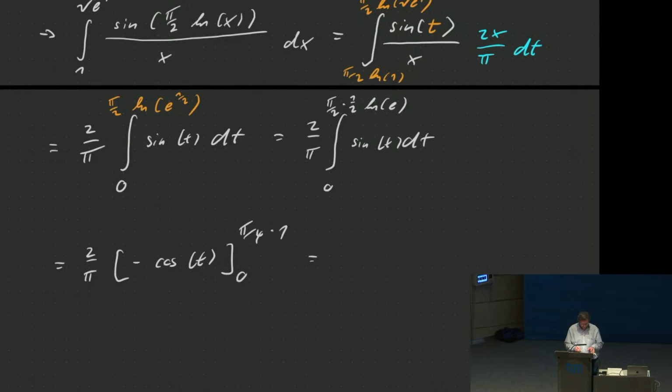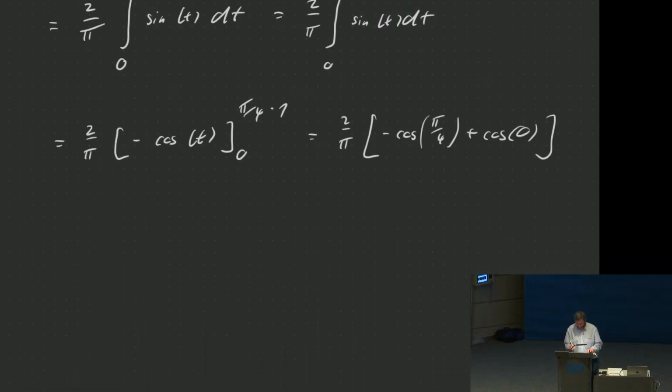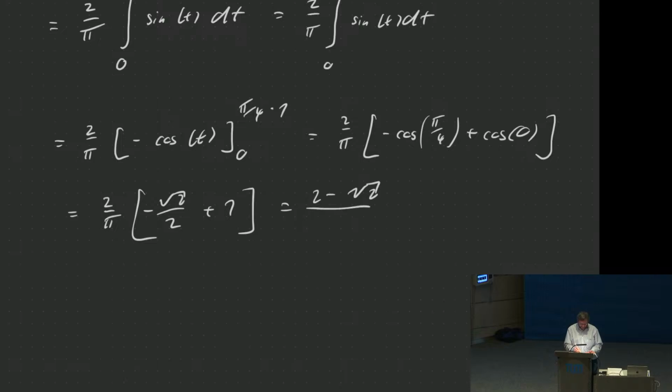Okay, so let's see, this is 2/pi, and then we get minus the cosine of pi/4 plus the cosine of 0. So 2/pi. I told you the cosine of pi/4, that's the square root of 2/2, minus the square root of 2/2. And the cosine of 0, that's 1. Right, so if you reformulate that slightly, you'll get just the expression that you have here, 2 minus the square root of 2/pi.